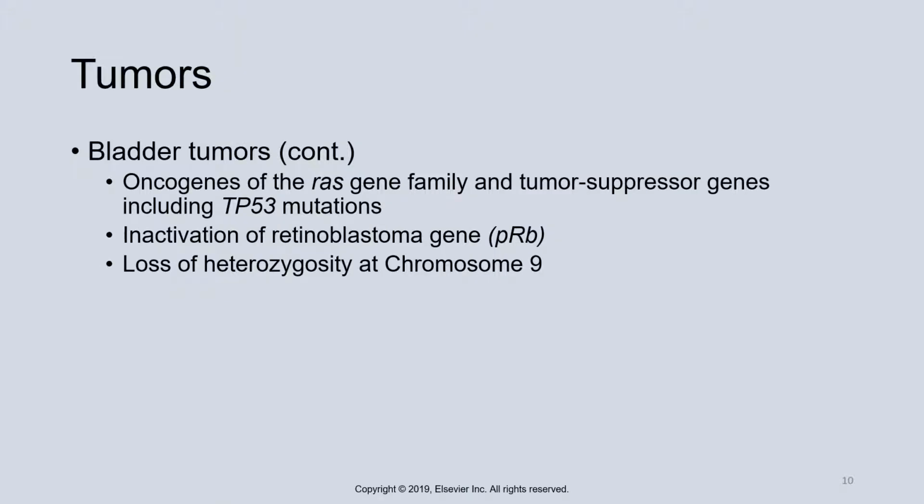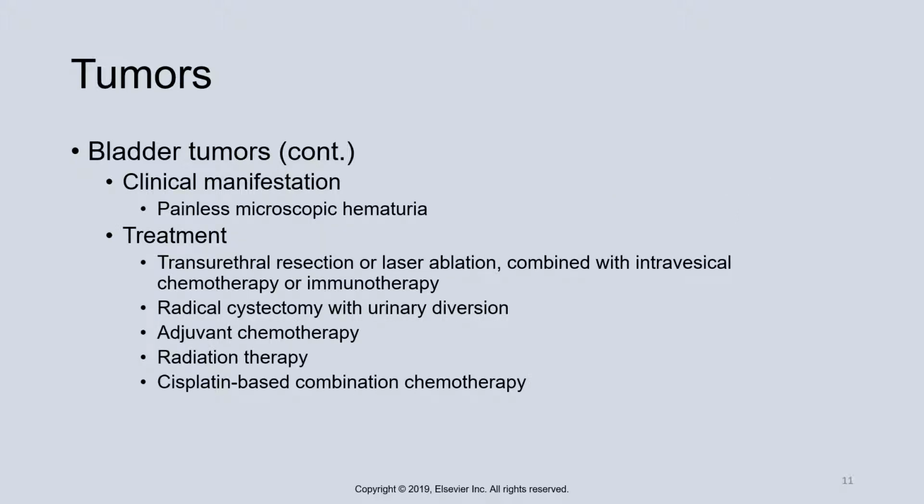Bladder tumors have the oncogenes or RAS genes in the family that suppress the genes of p53. They have inactive RB gene and loss of heterozygosity on chromosome 9. The manifestation of bladder tumors is transient, painless microscopic hematuria. It's classic. They have no pain, they just present with much blood in the urine.